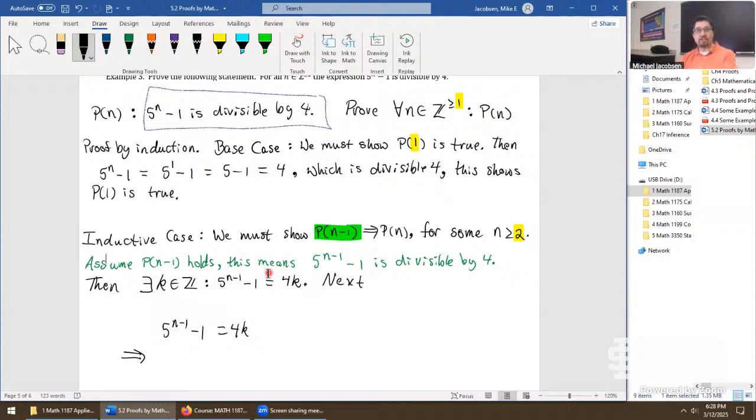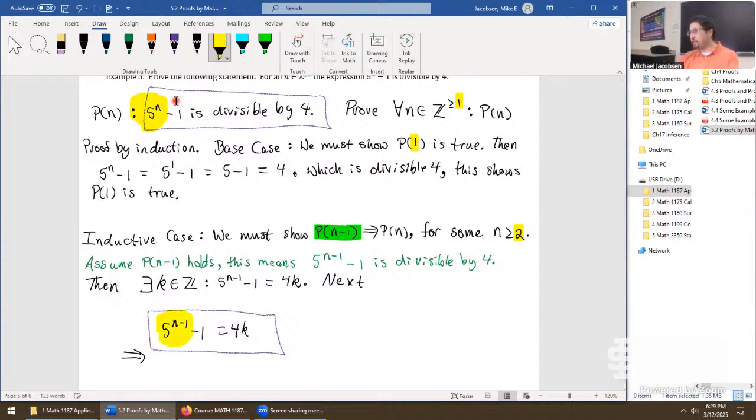Now we have to do something algebraically, but if you're paying attention to the P(n) statement, it might inform you what you really should do next. Let's look at both of these boxes simultaneously. The major thing I want to get the proof to go through is 5 to the power n right there. That's our goal, that's our hope, that's our big want.